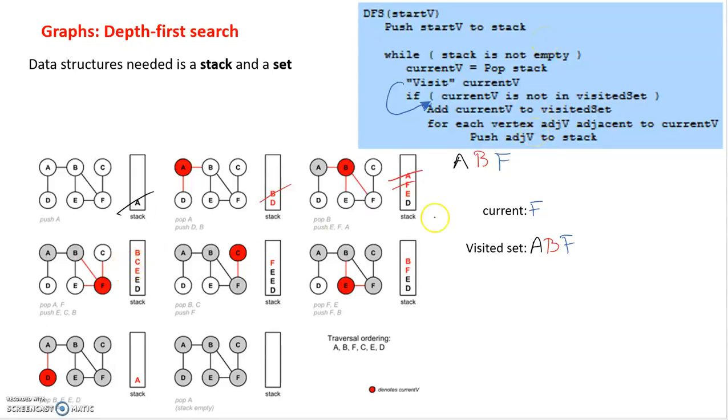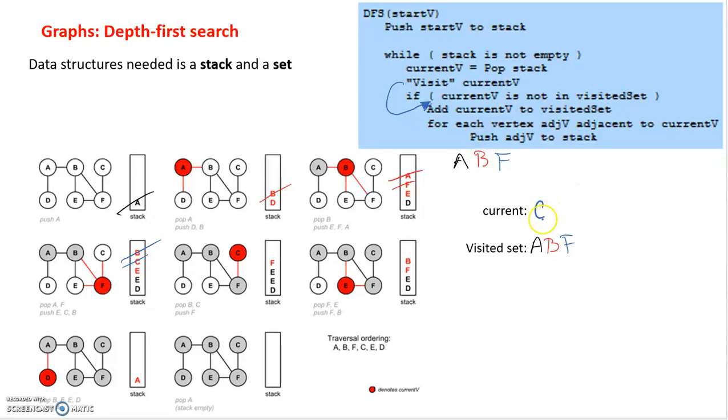It is B. So let me just make sure that we have everything here. There's B. We'll remove it and place it as the current vertex. But this current vertex is already in the visited set. There's B. So nothing happens. You go back to the top of the stack and pop the next element, which is C. So C comes down.